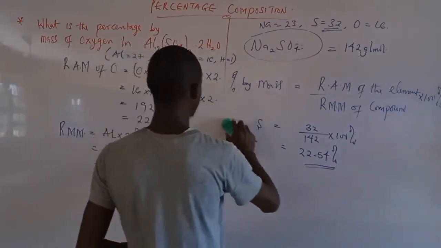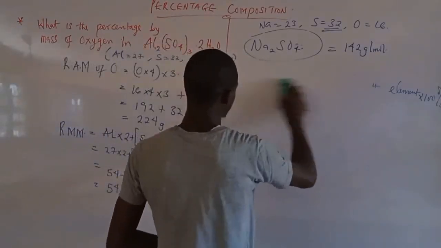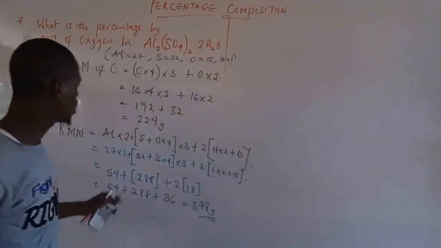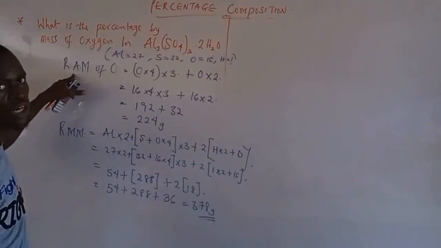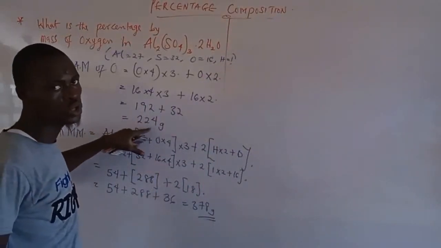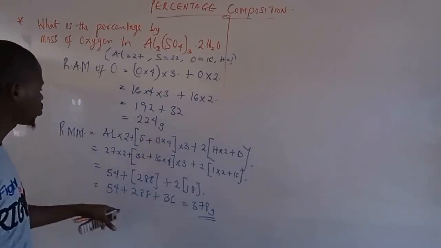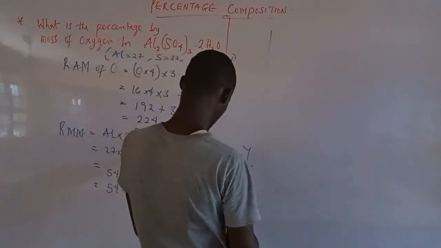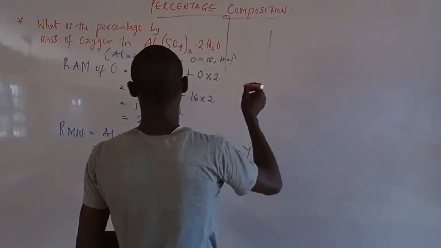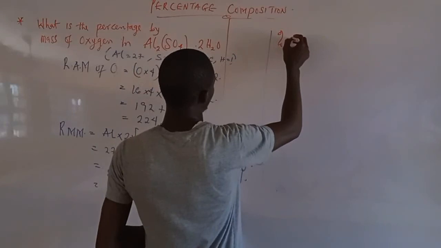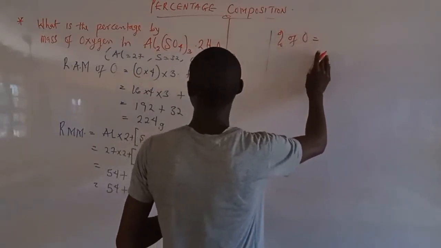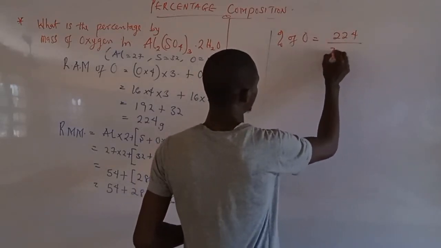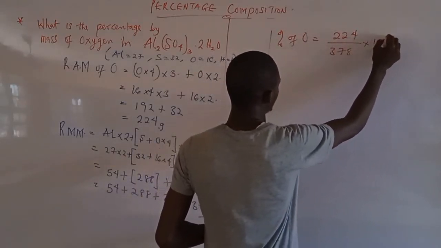Now, let's find the percentage by mass of the element we are given, which is oxygen. So, the percentage by mass of oxygen in this compound is the relative atomic mass of oxygen, which is 224, divided by the relative molecular mass of the compound, which is 378, times 100%.